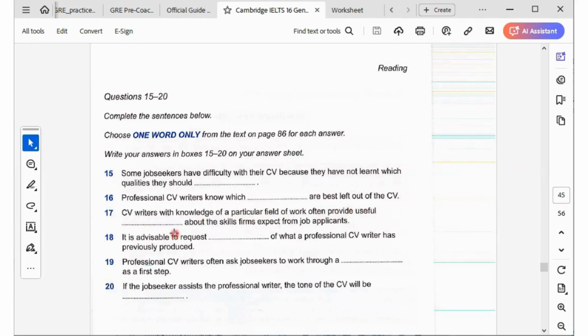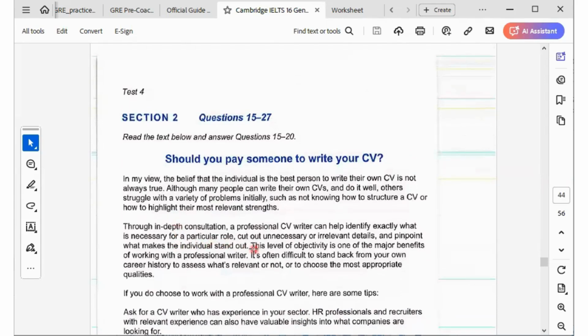Provide useful dash, that's another keyword. Skills that firms expect, skills, that's another keyword here. So let's go back to the passage. This level of objectivity is one of the major benefits of working with a professional CV writer. It is often difficult to stand back.